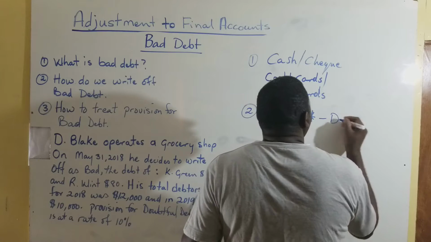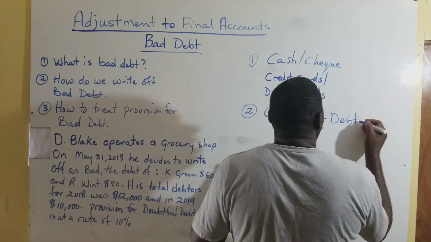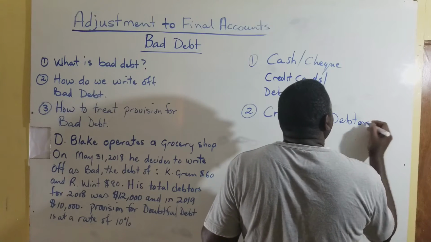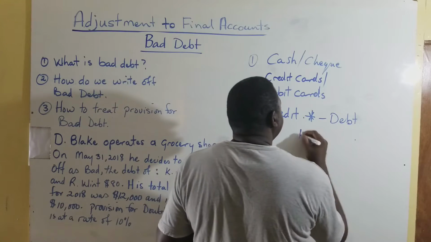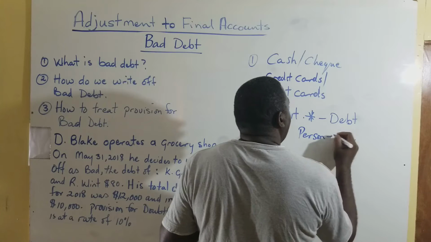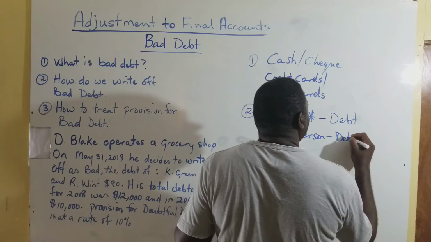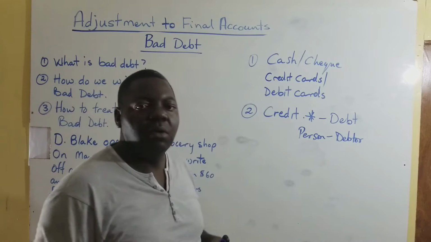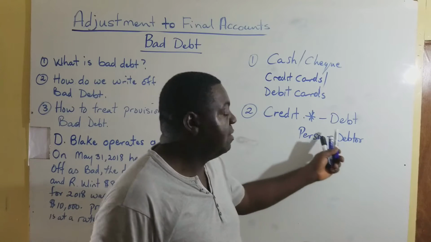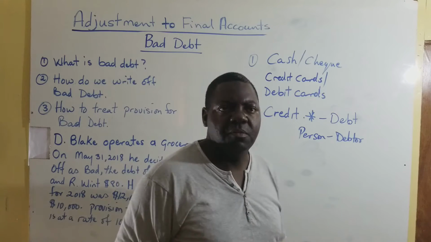So once there is a credit transaction, a debt occurs, and the person is referred to as the debtor, or otherwise this is referred to as accounts receivable, right?